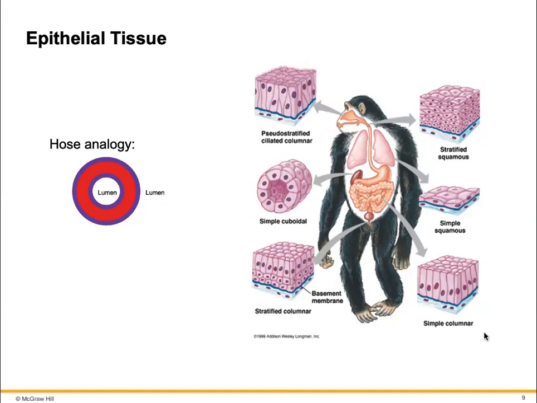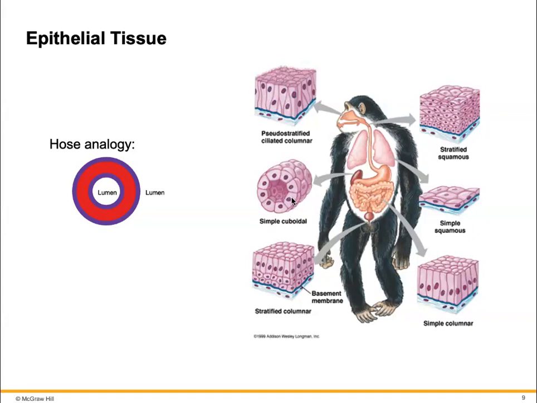As far as functions go, if it is simple, meaning there is one layer to it, it typically is an absorptive or secretive function, where we're trying to let material pass through more easily. Simple squamous, you actually find lining the alveoli of your lungs, as well as our capillaries, which allows for easy diffusion of oxygen and carbon dioxide.